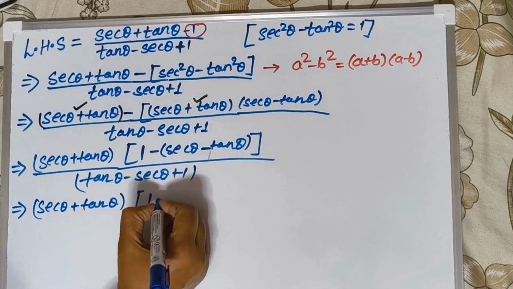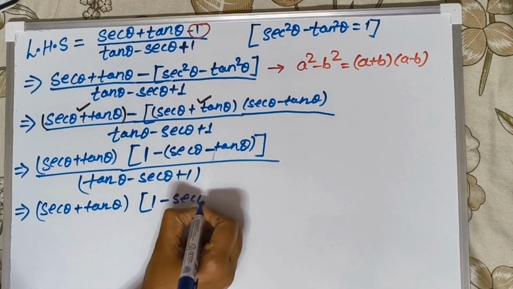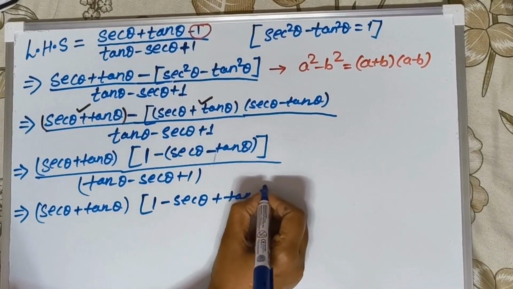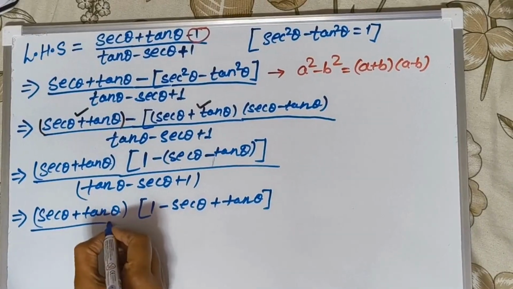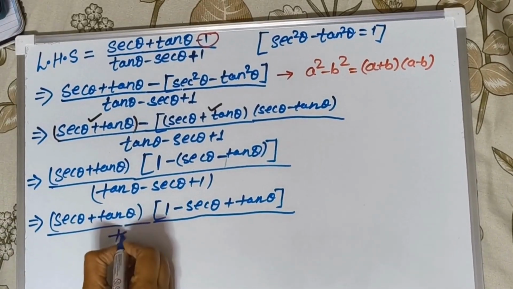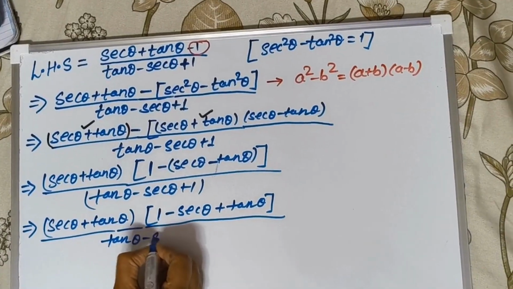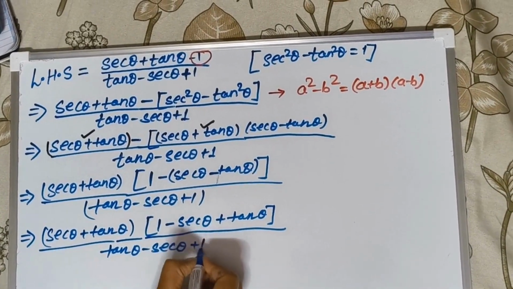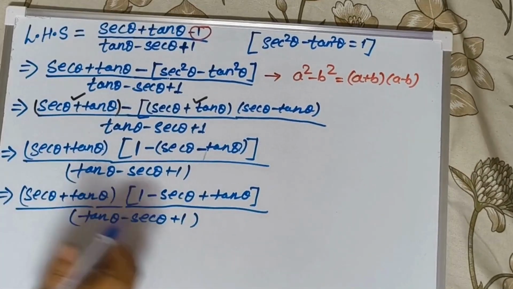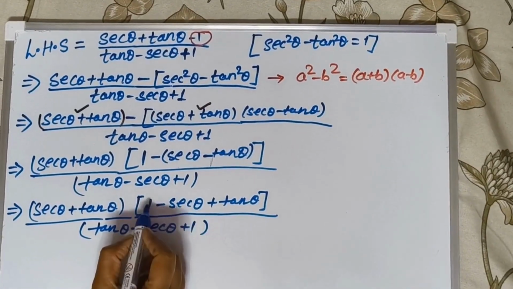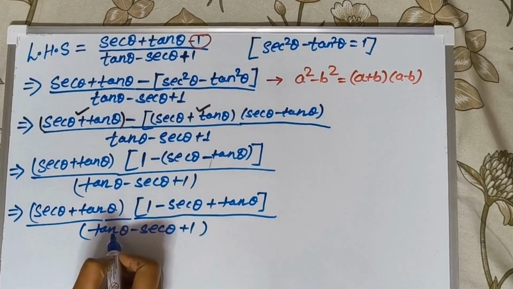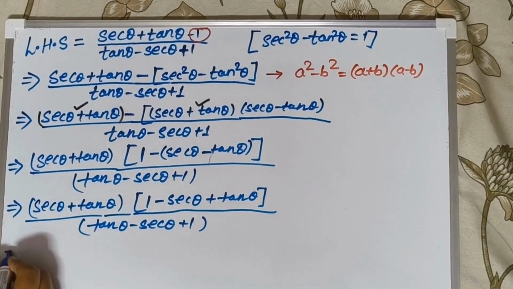Now open this bracket. So minus sec theta plus tan theta, divided by tan theta minus sec theta plus 1. Now these two terms are equal. 1 is positive here also, sec theta is negative here also, tan theta is positive here also. So these two terms are equal.